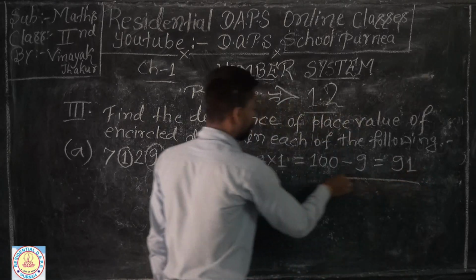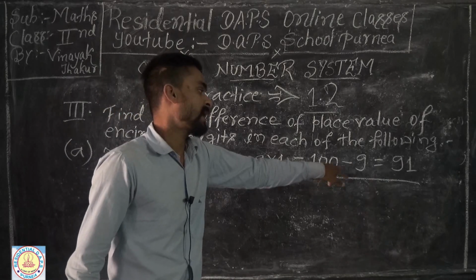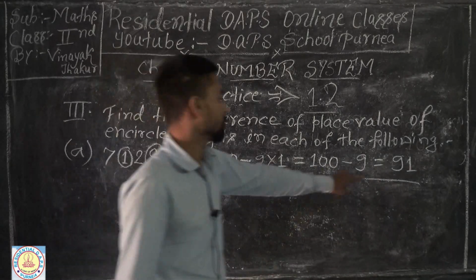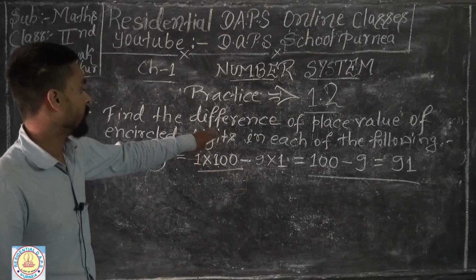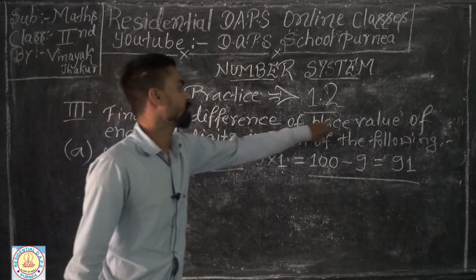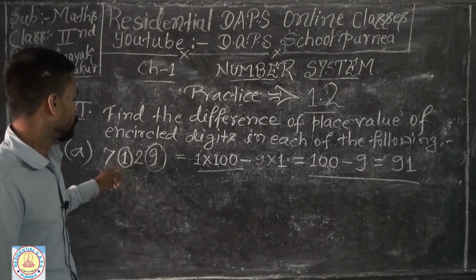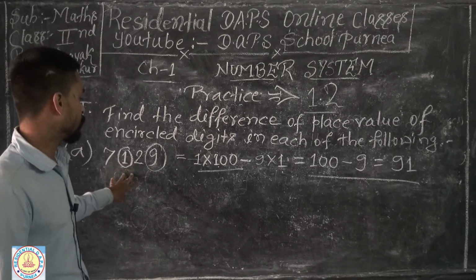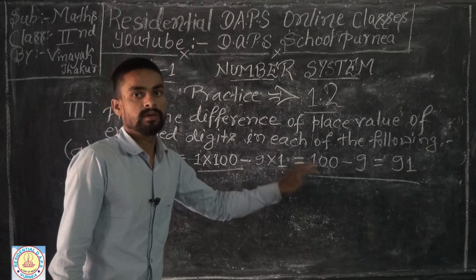If you subtract these two numbers, 100 minus 9, you can get 91. This is your answer, because you have to find the difference of place value of encircled number. So you just find out the difference, 100 minus 9.